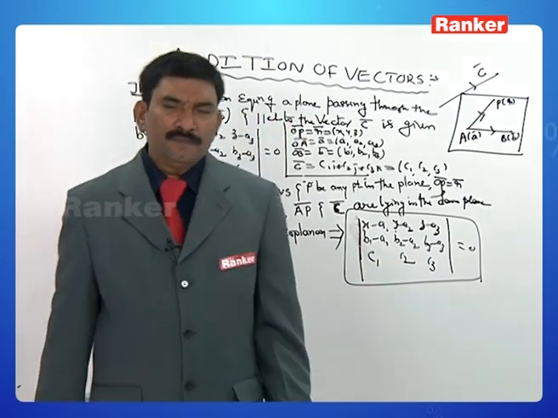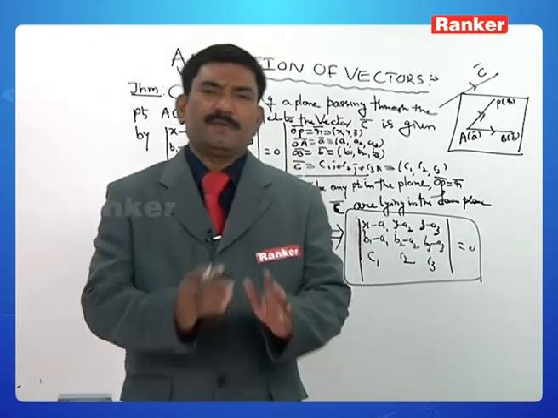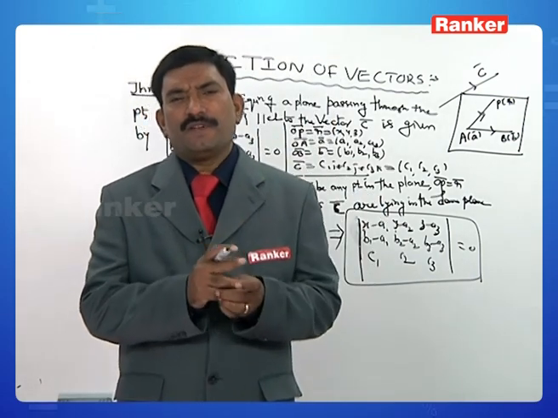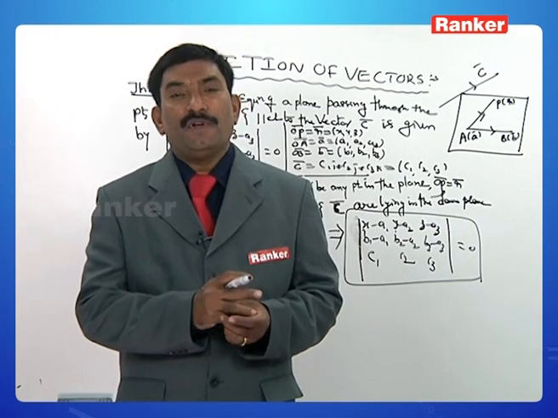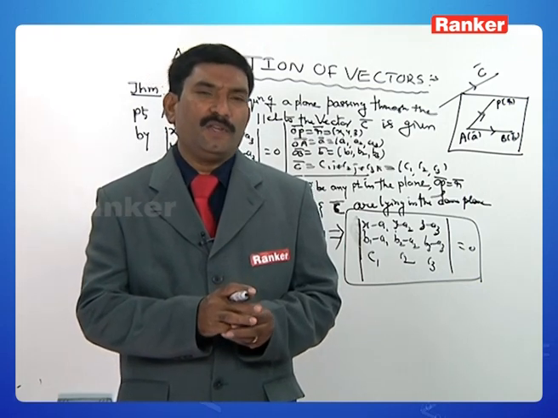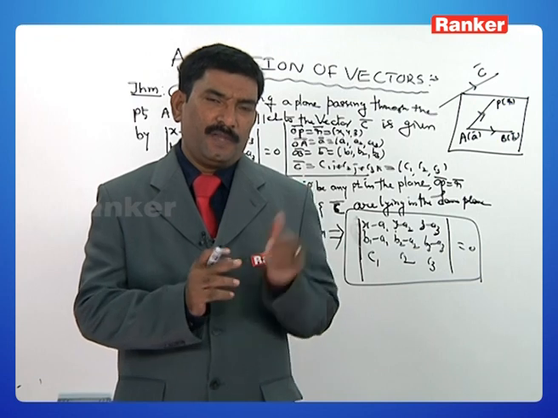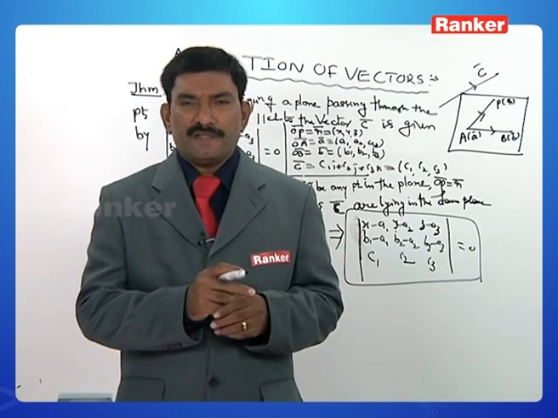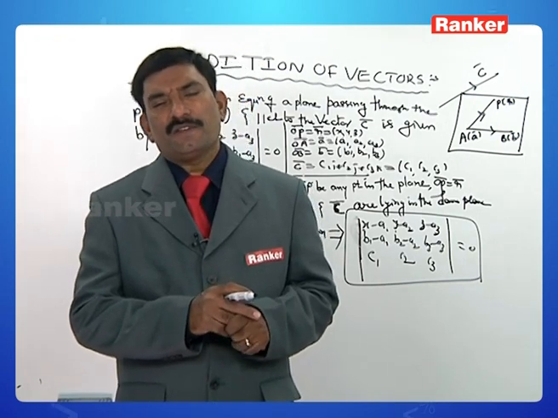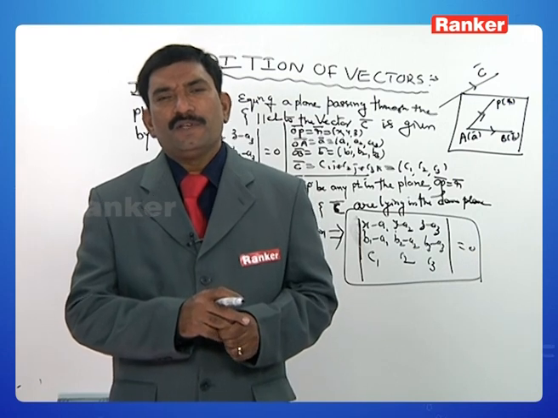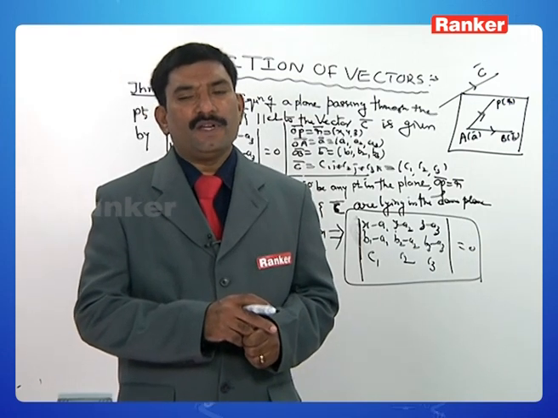Now, the last one is the vector equation of a plane passing through 3 non-collinear points. Here 2 points. Let us discuss about the Cartesian equation of a plane passing through how many points? 3 non-collinear points, right?